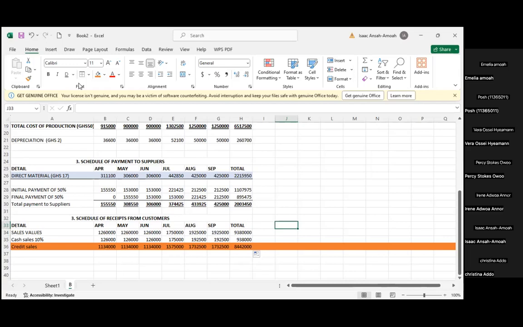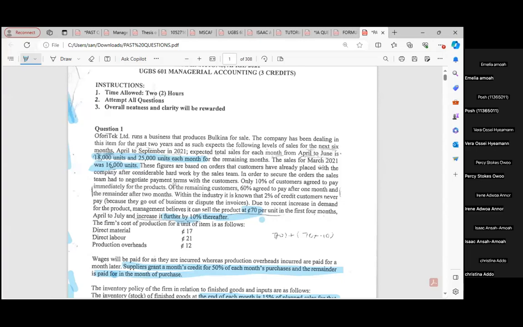So let's go back to the reading. They also said some remainder. So they're saying that of the remaining customers, which is 100%, the remaining customers are credit customers. So of those credit customers, 60% of them agree to pay after 1 month.